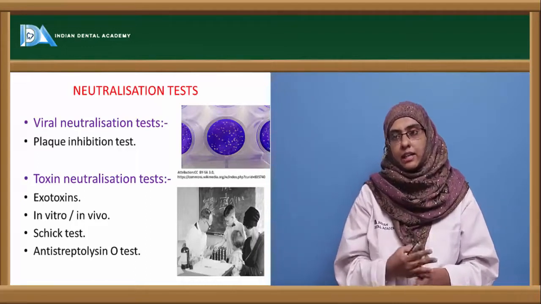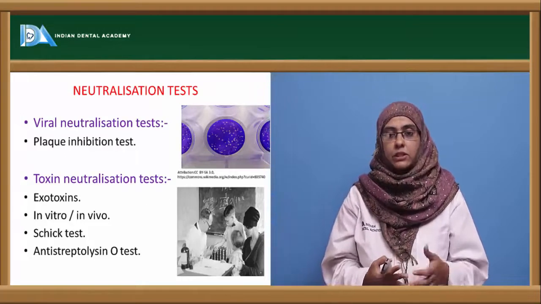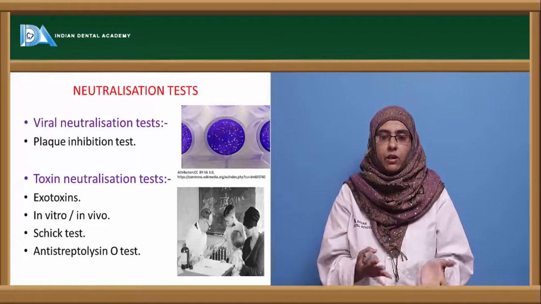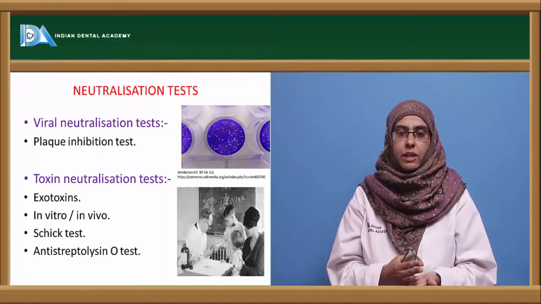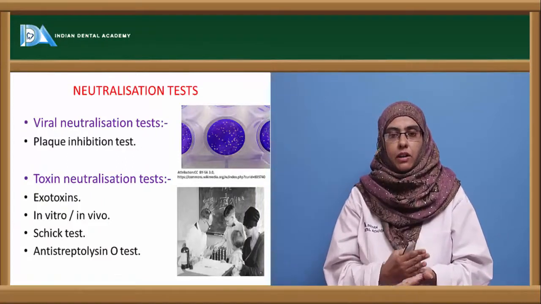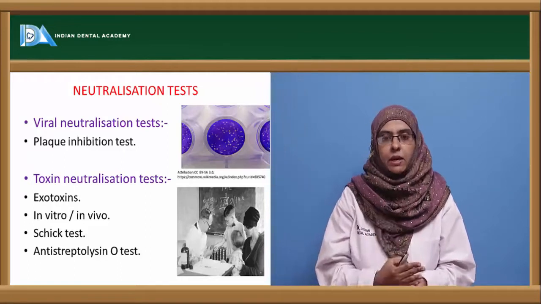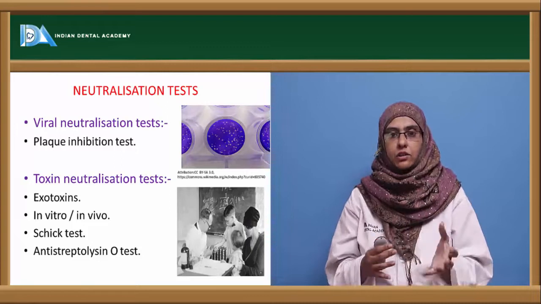One is the viral neutralization test, and virus pathogenesis can be known by growing a lawn of bacterial cells and then inoculating bacteriophages onto the bacterial cells. If there is any specificity between the organism and the virus, they cause lysis of the bacteria and form a plaque, or a zone of clearing around the colonies.